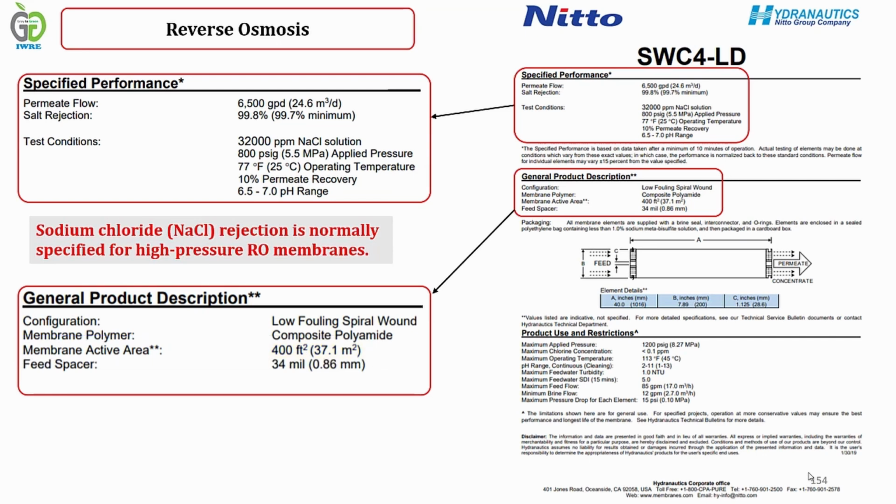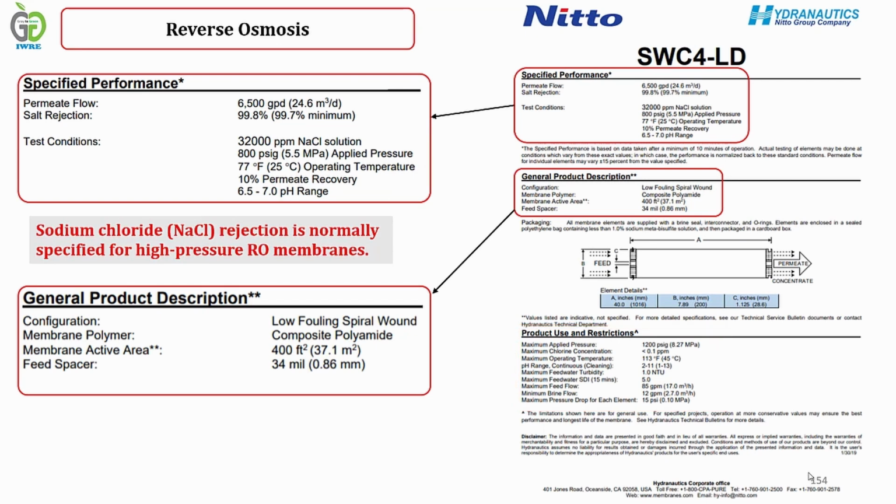You can also get some information about the module, such as membrane material, configuration, and feed spacer size, here. In the product use and restrictions, some important information such as maximum applied pressure, maximum chlorine concentration, maximum operating temperature, pH range, maximum turbidity, maximum feed flow, and pressure drop can be obtained.